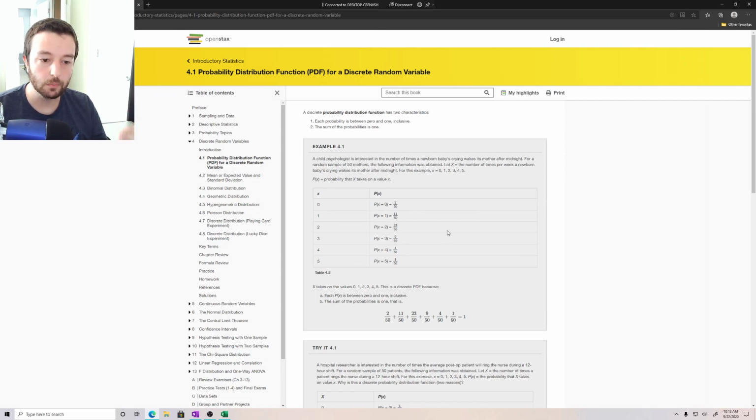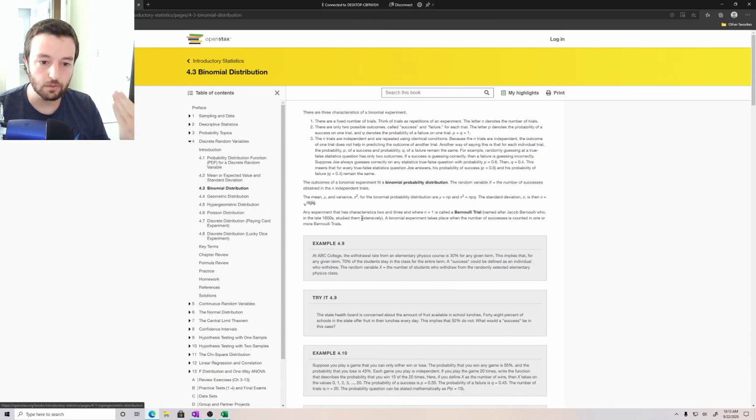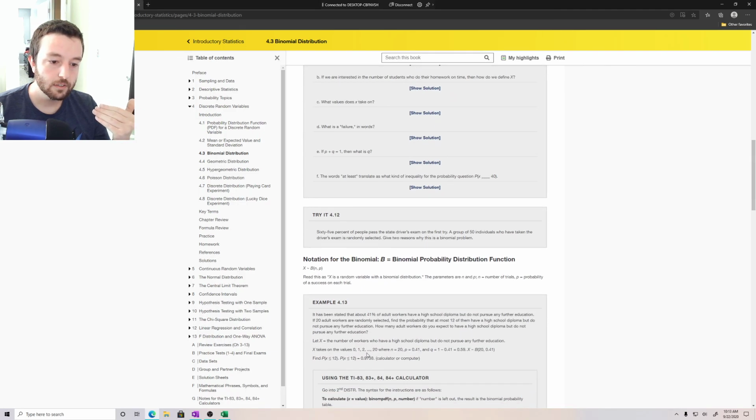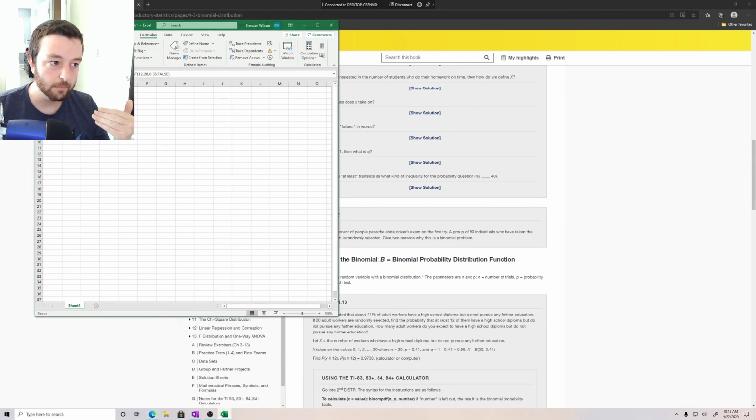And then the next one would be 36 over 50 because it would be the 13 plus the 23 and so on. So it's just two different things, but you can use either one. That's why in Excel we have to say false at the end. If you use true, it defaults to cumulative. Okay.